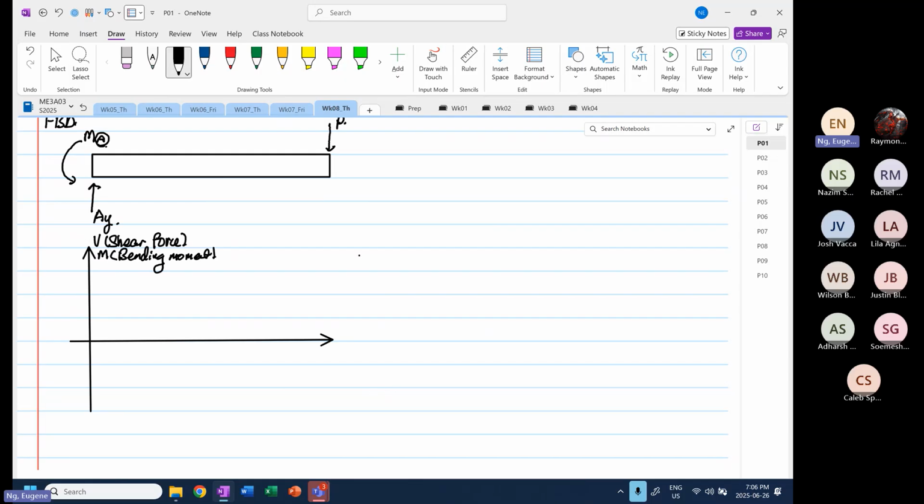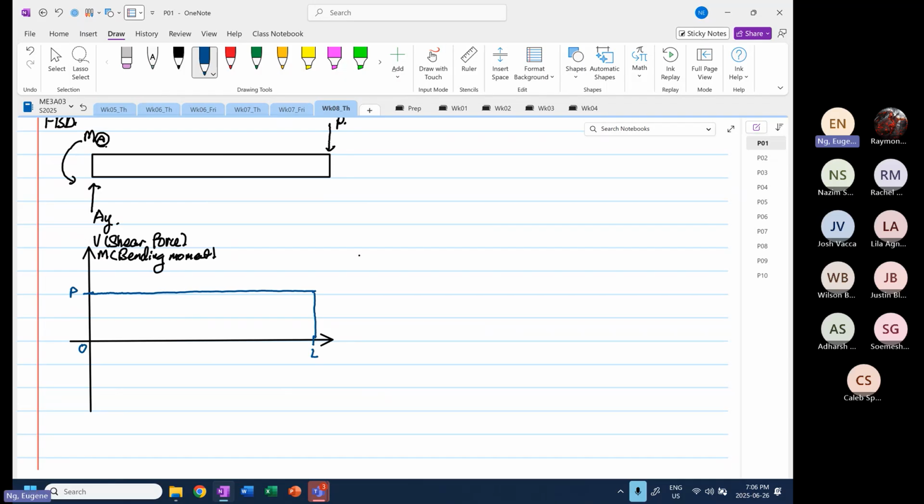And we know how the shear force will look if this is P. So this is our 0, and at a certain point, this is our point L, length L, and we have our shear force doing this. And then it'll come down vertically. That is our shear force.